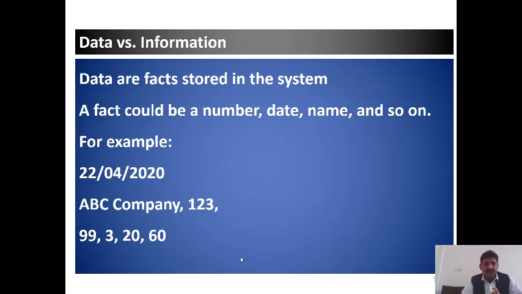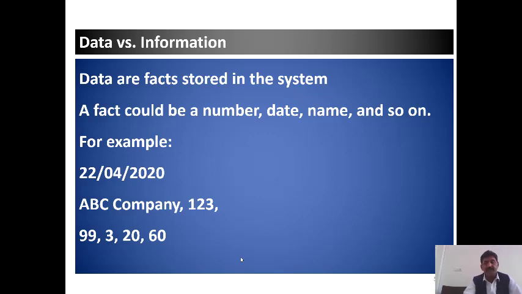Whenever these facts and figures are processed, like when we record the same data on an invoice, it becomes what? Information. The same data plotted on the invoice gives a meaning, it gives information. So that is why we call it information.